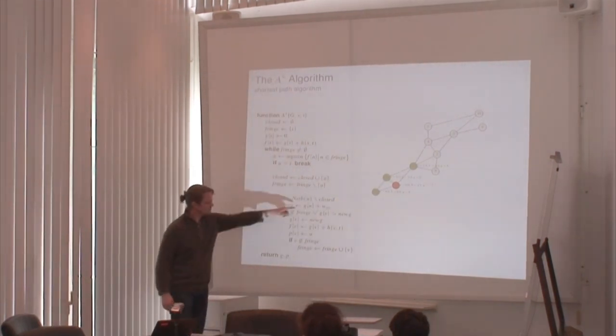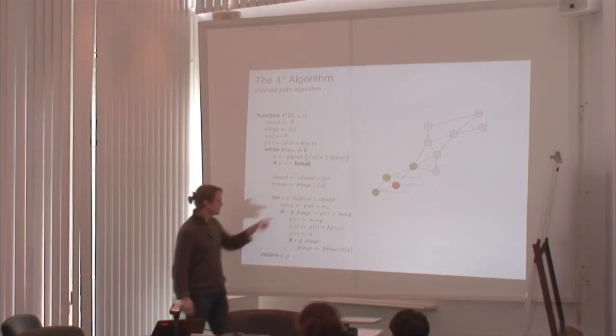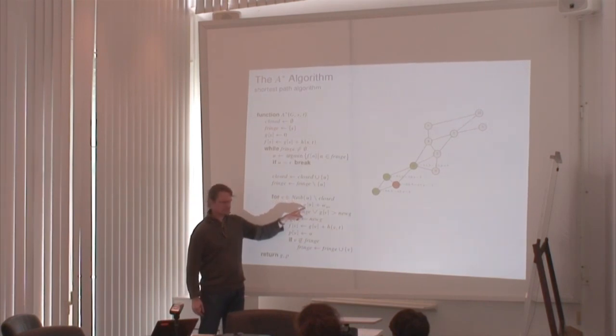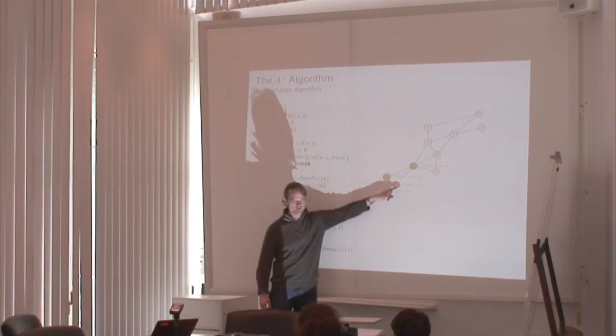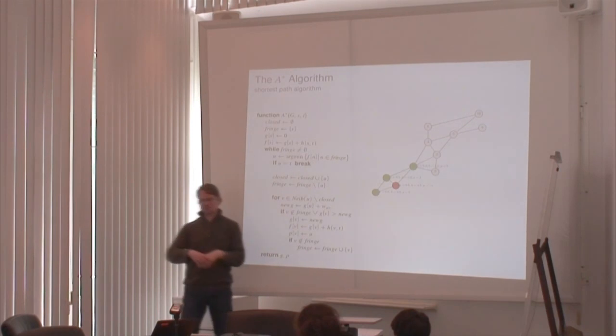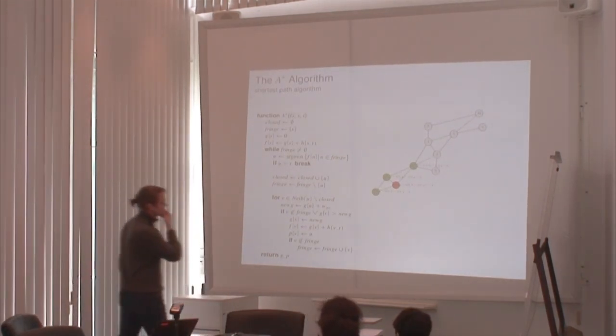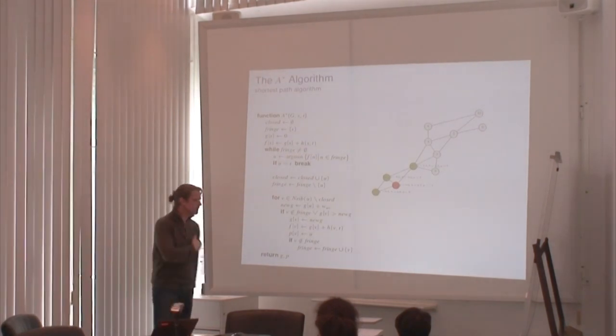It's called G, but it's the distance. So we compute a new distance for the node we are currently considering, V, as the distance assigned to the node we started with, plus the edge weight between the node we just came from and the one we are considering now. So this is just as in Dijkstra.